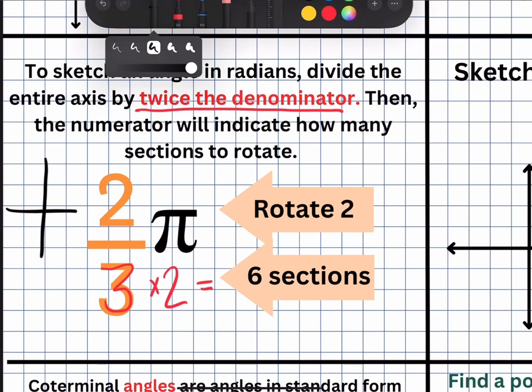So, 6 sections, that means 3 on the top and 3 on the bottom. 1, 2, 3, 4, 5, 6. And out of those 6 sections, I'm going to rotate 1, 2 of those sections. Okay, so we're going to do more practice. Let's do another problem. Okay.